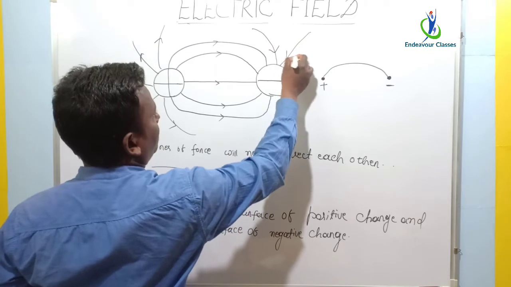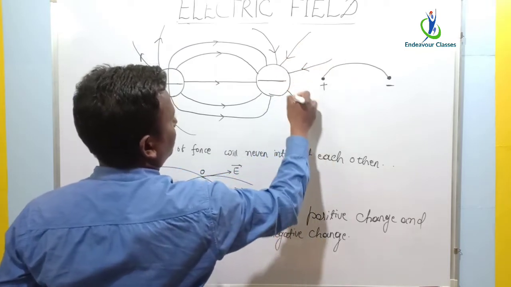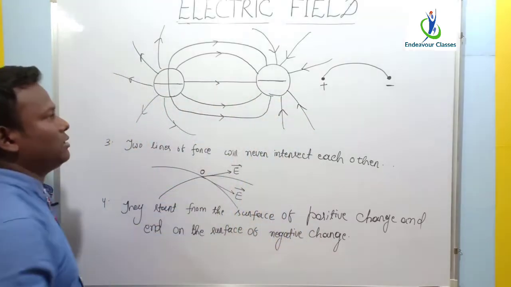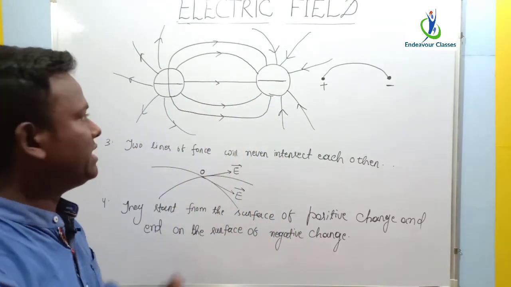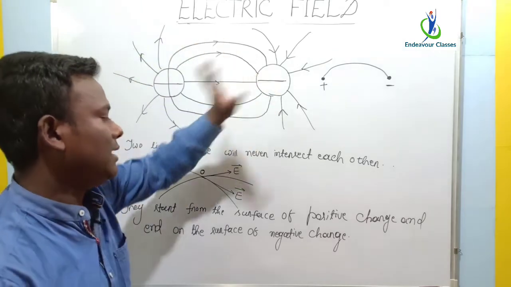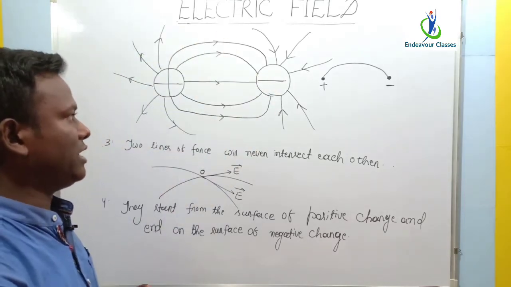So they are ending on a negative charge and they are starting from a positive charge. So this is the diagram which is representing that the lines of force are starting from the surface of a positive charge and ending on the surface of a negative charge.